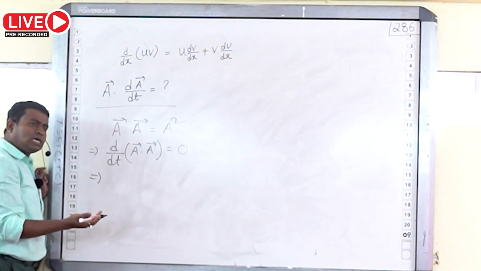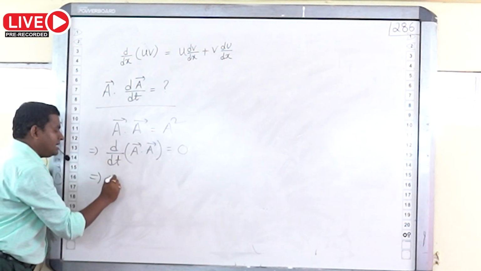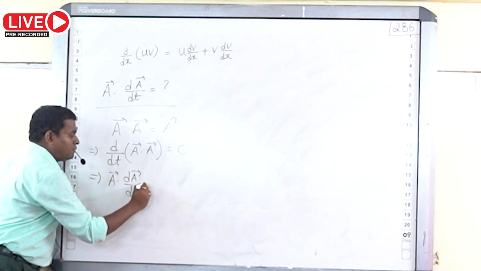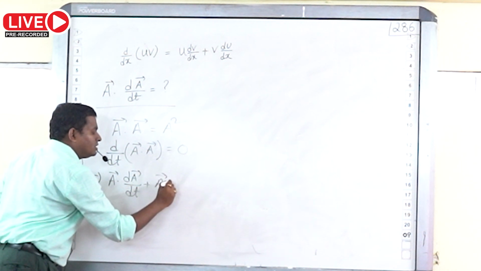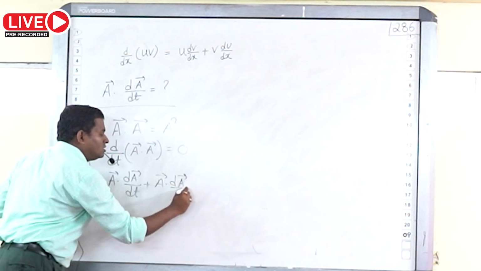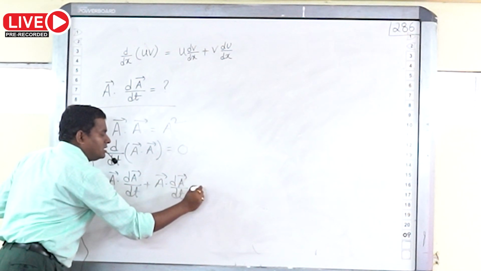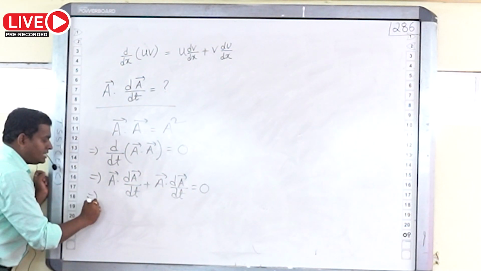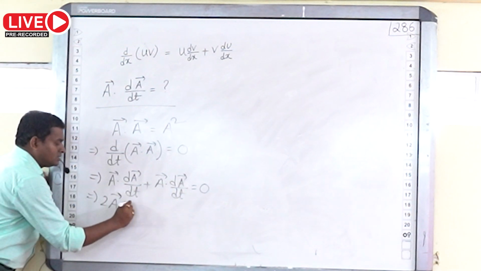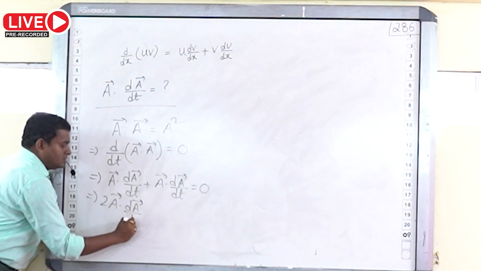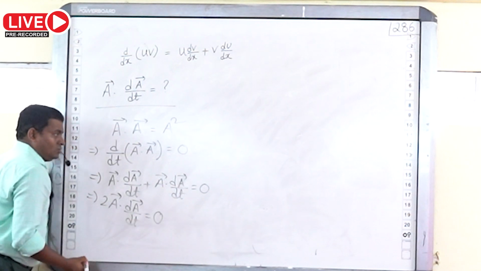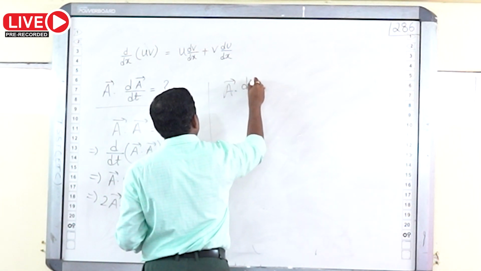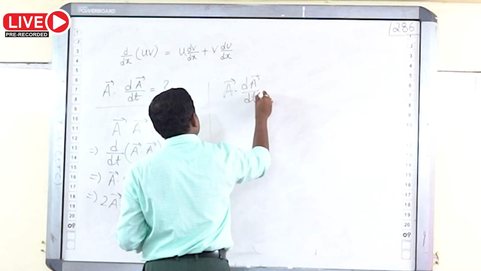Here U and V both are A. So I can write A dot DADT plus A dot DADT, because dot product is commutative, so nothing to bother about which one is taken first or second. So we are getting 2A dot DADT, that is coming 0, means A dot DADT is 0.